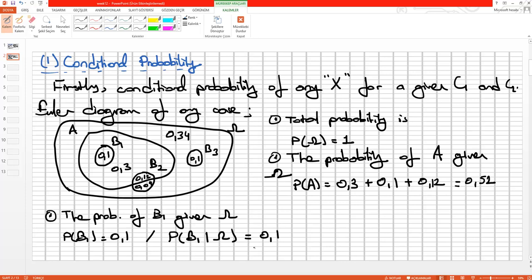0.1. This is the conditional probability, because if we talk about the B1 probability, then we must say that this omega should exist in this case, and so we can analyze the B1 probability only if the condition is satisfied, that is, the omega is present in here.